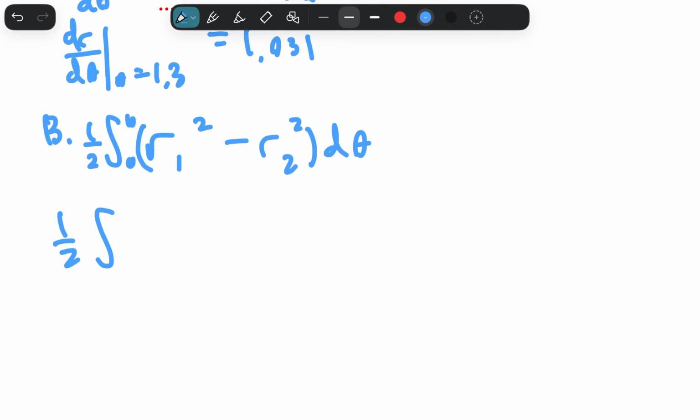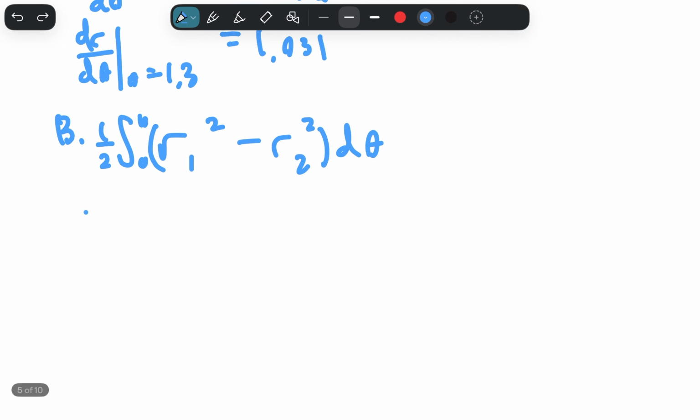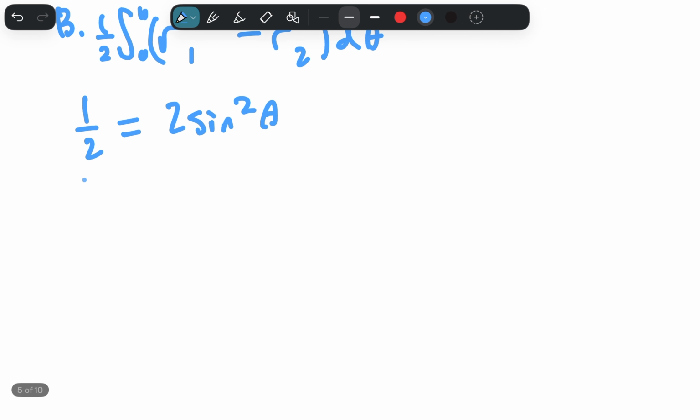Now we have to first find when these two polar equations are equal to each other. So we have to set them equal, right? The first polar equation is 1/2, and the second one is 2 sine theta squared. Now, if we divide by 2, we get 1/4 is equal to sine theta squared. Take the square root, so we get 1/2 is equal to sine theta.